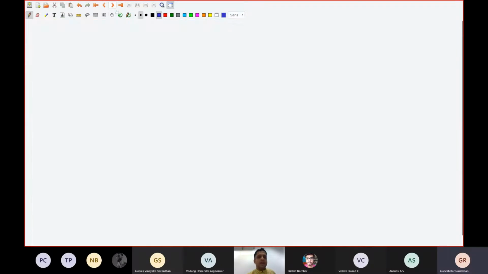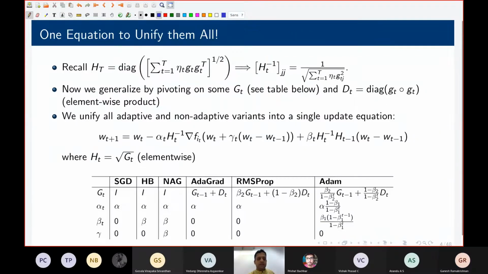So this is a recap, and then we said, here's our grand one equation to unify them all. When we say them, we're talking about stochastic gradient descent, heavy ball, Nesterov, adaptive gradient, momentum, and then AdaGrad, root mean square accumulation, and then Adam. I had left you at this slide in the last class.